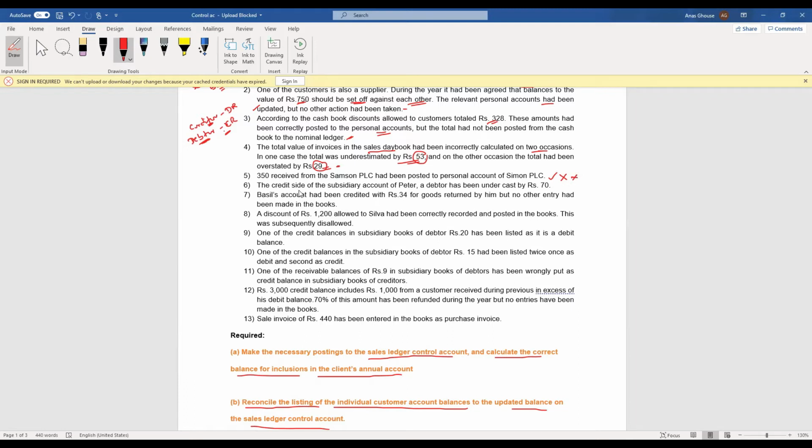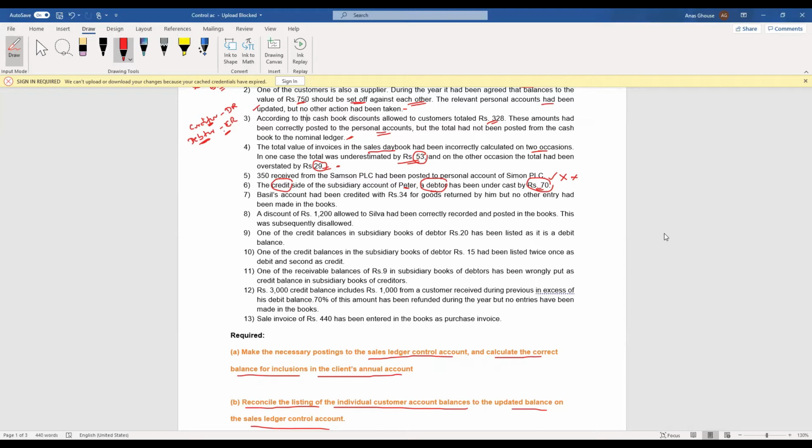Sixth, the credit side of the subsidiary account of Peter, a debtor, has been undercast by 70. Okay, so this debtor has a credit balance. That credit balance was understated by 70. So what does this mean?